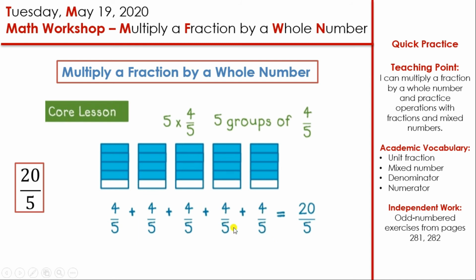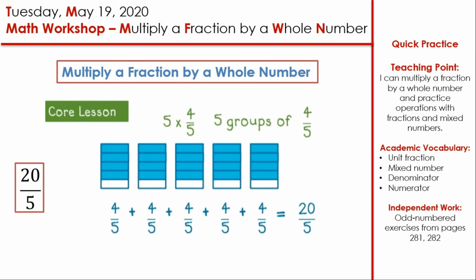Another way where I can express this addition by multiplication is by saying 5 times 4/5, because I have the same fraction being added 5 times. So if I express it in a shorter way, I will have 5 multiplying 4/5, meaning that I have 5 groups of 4/5.